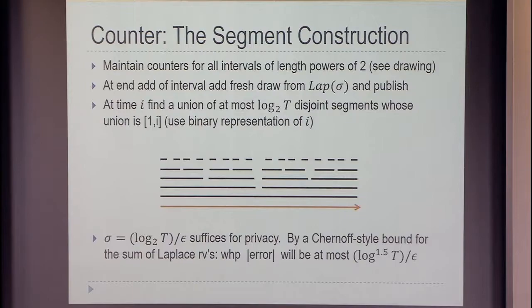And we just add noise that's scaled to the log of t over epsilon for privacy. And then by a Chernoff style bound, we get error that with high probability will be at most something like log to the 1.5 t over epsilon. And in this version, we needed t in advance, and I think Dawn and her co-authors have a version where you don't need t in advance, correct?